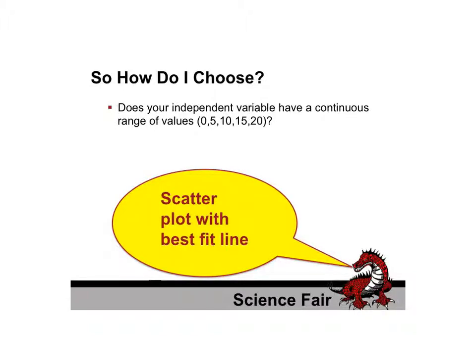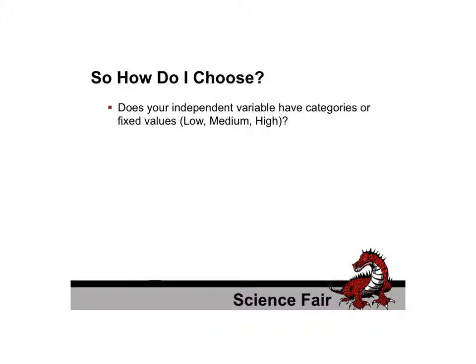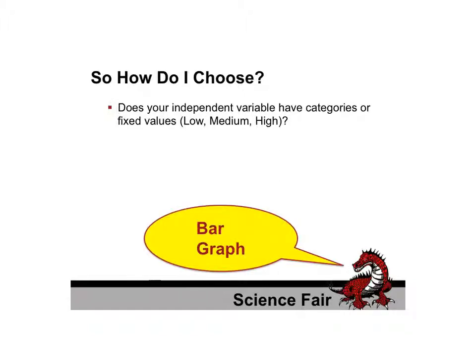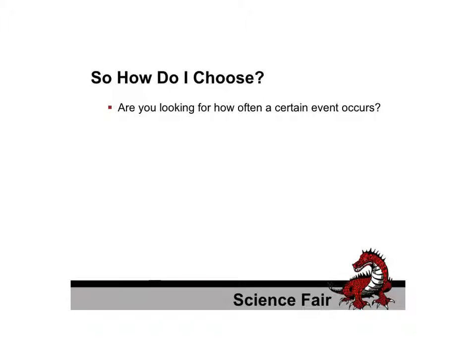Then you're also probably going to want a scatter plot with the best fit line, although a bar graph might work here too. Do you have independent variables? Does your independent variable have categories or fixed values, like low, medium, or high? You're going to want a bar graph. Are you looking for how often a certain event happens? You're going to want a pie chart for that.